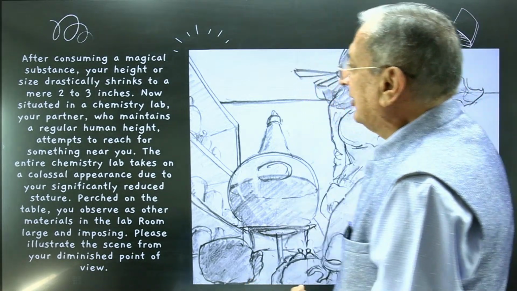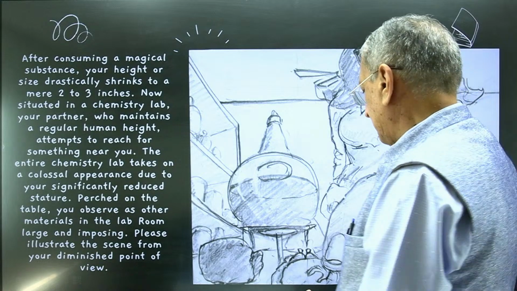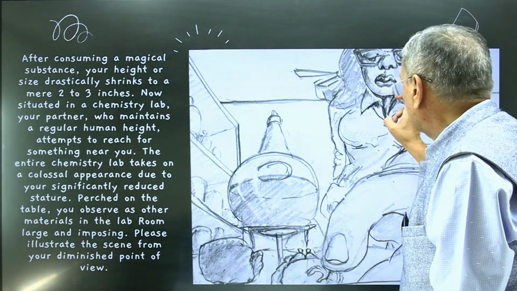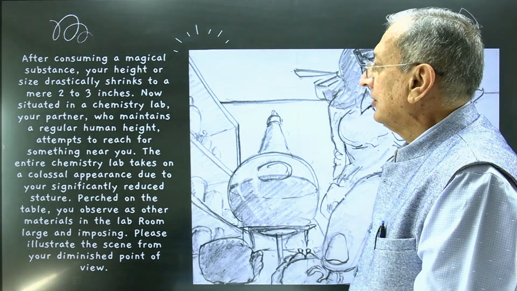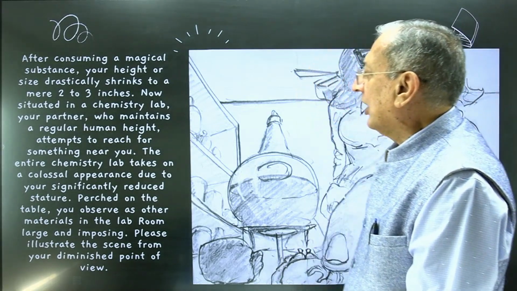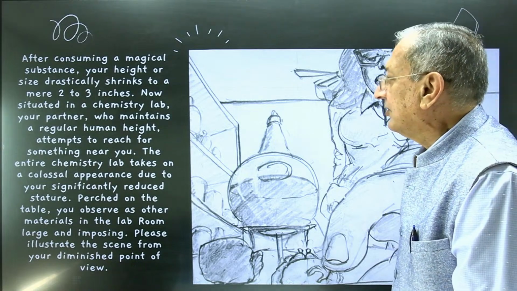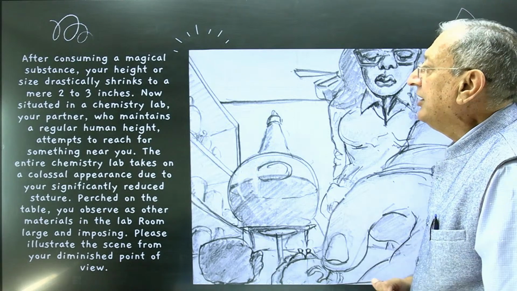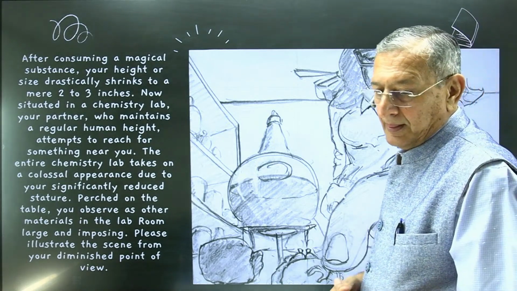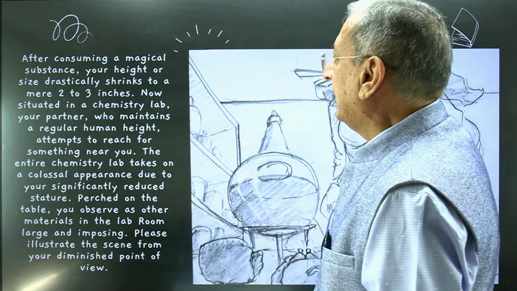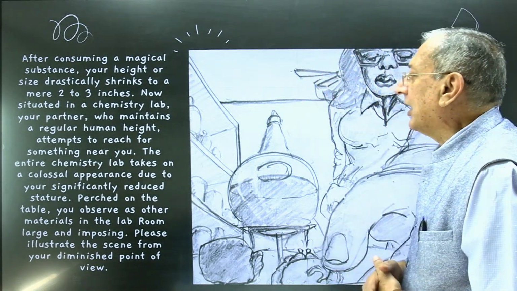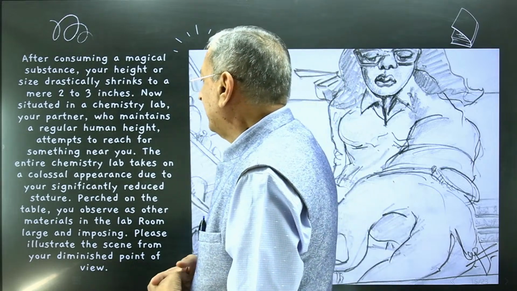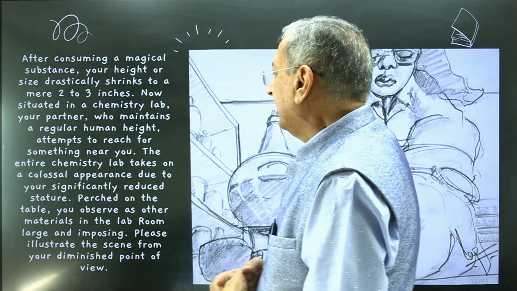After consuming a magical substance, here maybe a cake made by the scientists, your height or the size drastically shrinks to just 2 or 3 inches. Now, situated in a chemistry lab, your partner, who maintains a regular human height, attempts to reach for something near you.